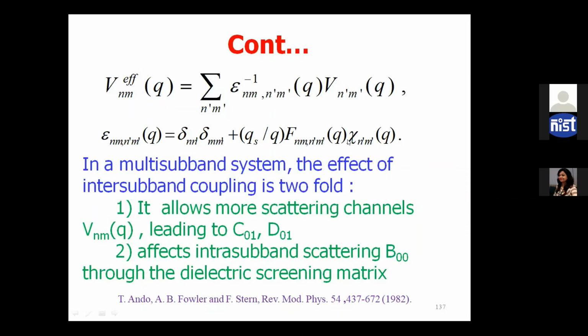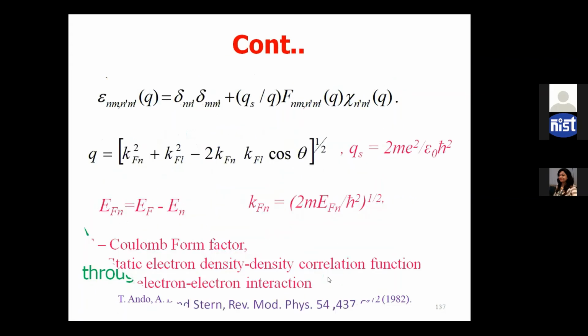So in a multi-subband system, the effect of inter-subband coupling is twofold. It allows more scattering channels, leading to C01 and D01 in the expression, and it affects intra-subband scattering B00 for the dielectric screening matrix. Here F is known as the Coulomb form factor, which has specific notations, and zeta is the static electron density correlation function without electron-electron interaction.